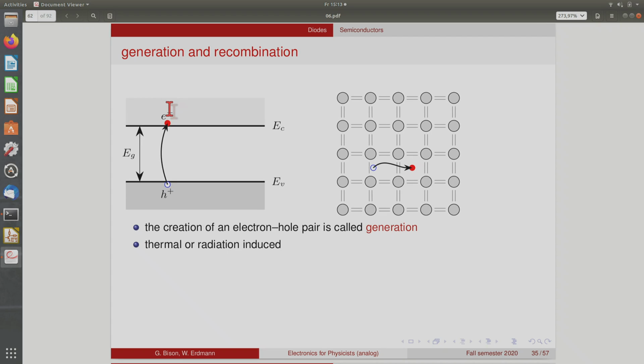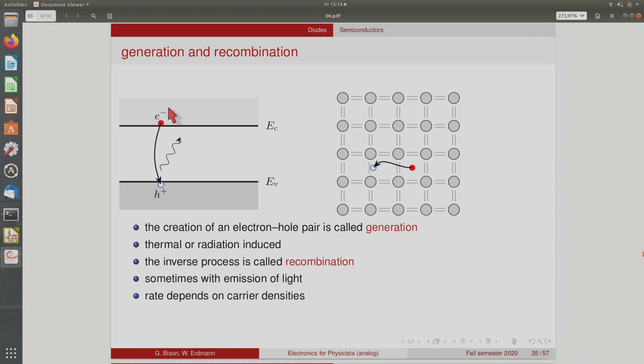Okay, so that's why this is called creation or pair creation, which can either be thermal, so there's just a random excitation with phonons or whatever, and that makes this pair, or it can be done by radiation, which is used in photodetectors, for instance. Then the inverse process, where the electron falls back down into the valence band and fills a hole, is called recombination.